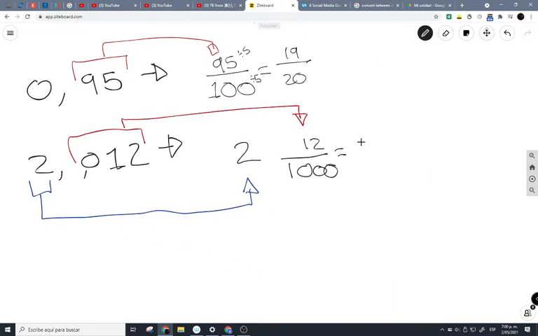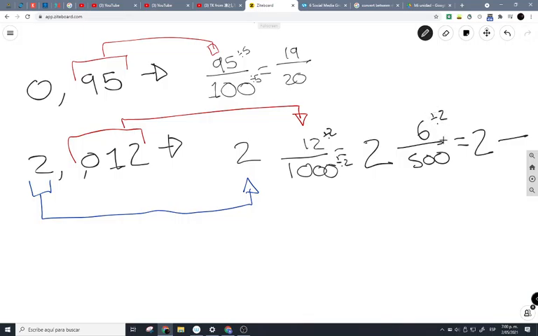Remember, you don't simplify the whole part, it's just 2, but we can divide these two numbers in the fraction by 2. 12 divided by 2 is 6. 1000 divided by 2 is 500, and we actually can continue simplifying. We leave the whole part intact.